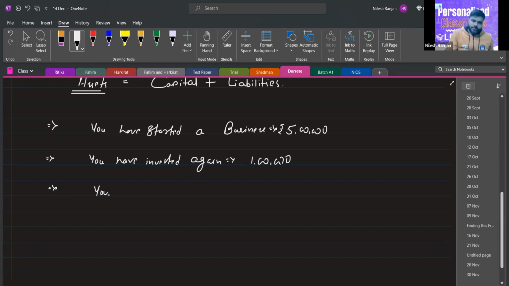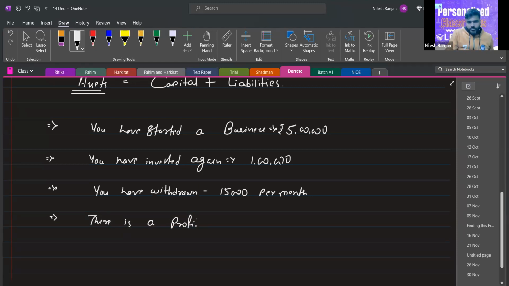You have withdrawn 15,000 per month during the year, and there is a profit of 2 lakh in the year.